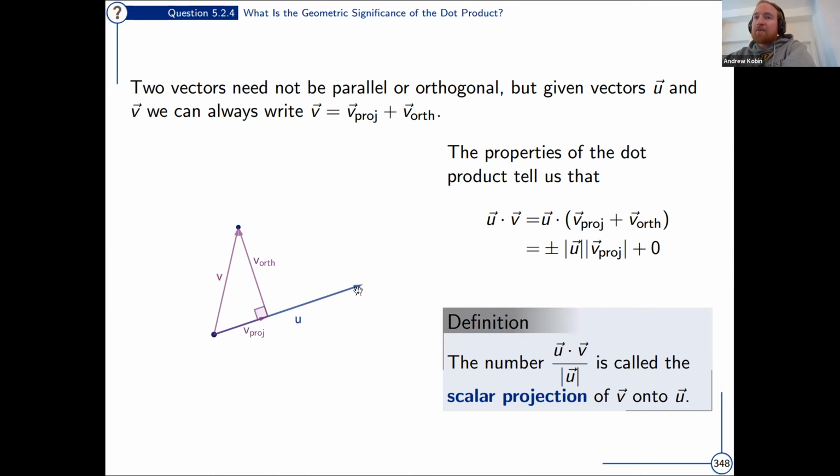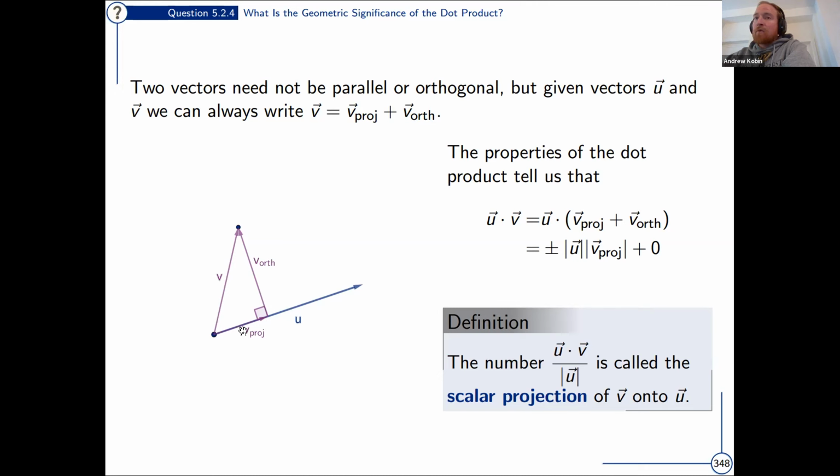But if I have a vector u and a vector v, and I want to compute the dot product of u times v, and I don't know that they are parallel or orthogonal, I can always draw a triangle where one of the legs is parallel to u, or in the same direction as u, more specifically, and the other leg is orthogonal or perpendicular to u, and those two legs of the triangle add up to give the hypotenuse being v.